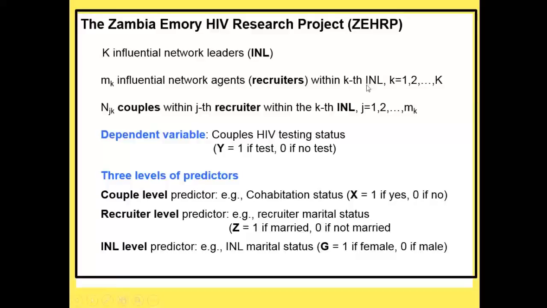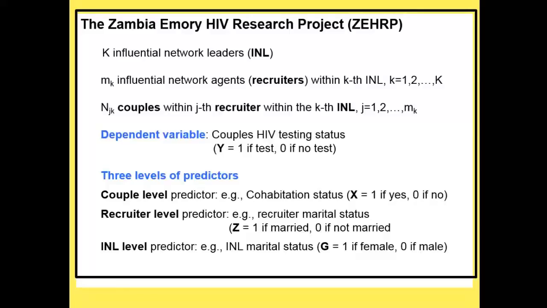In other words, the Kth leader recruited M sub K recruiters. And then the recruiters recruited couples. So there are couples within recruiters within INLs. That's the way it's set up.